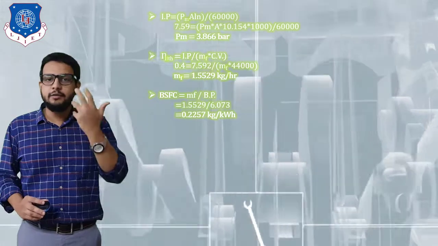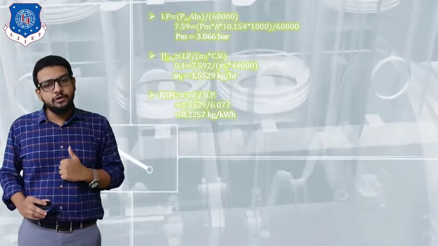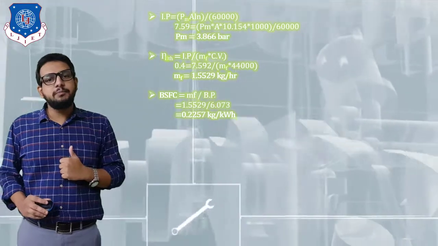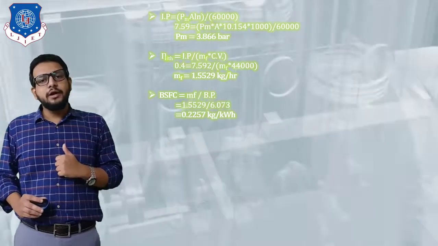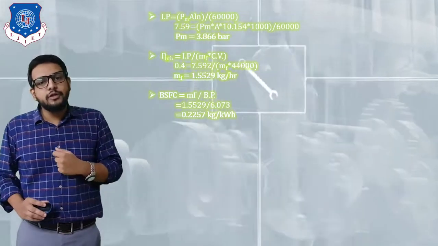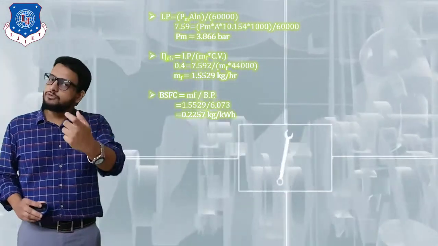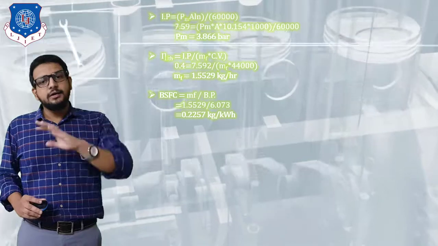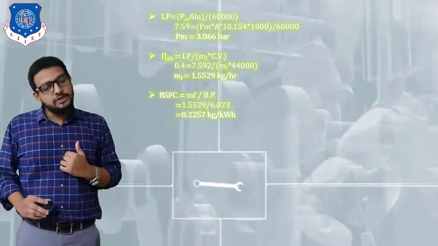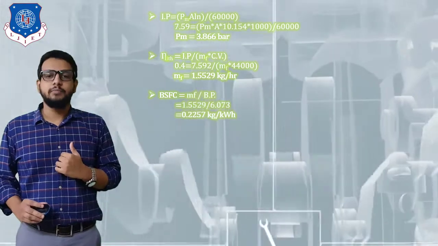Pm. We can determine mean effective pressure from this equation. After substituting all the values, we get Pm is equal to 3.866 bar. Actually the answer will be in the form of 3.866 into 10 raised to 5 Pascal, but you can directly convert it into bar. So our final answer is 3.866 bar.